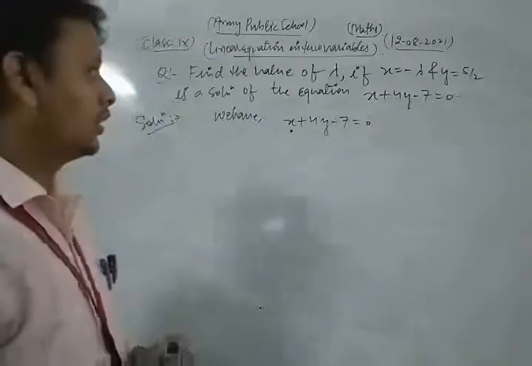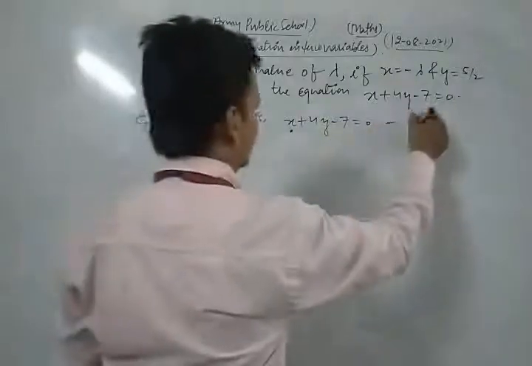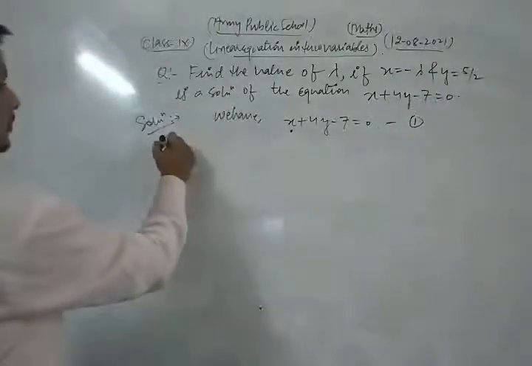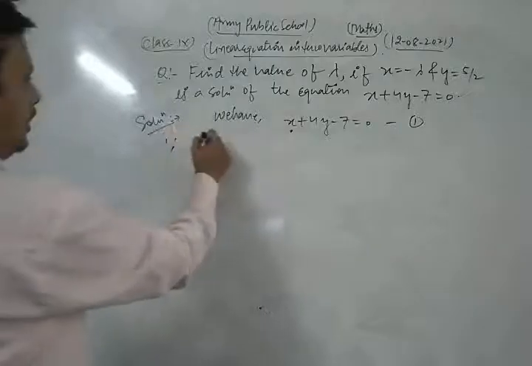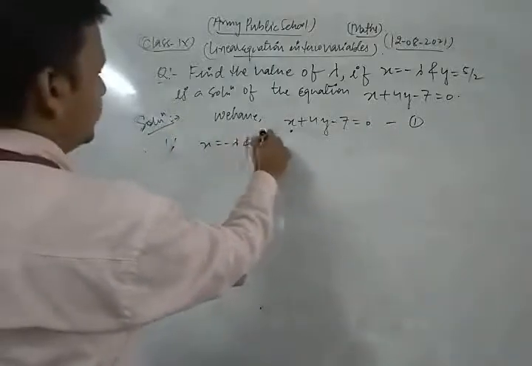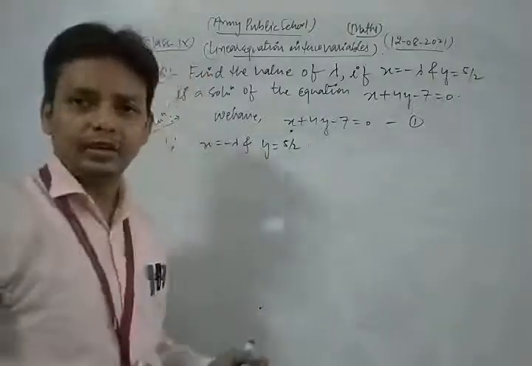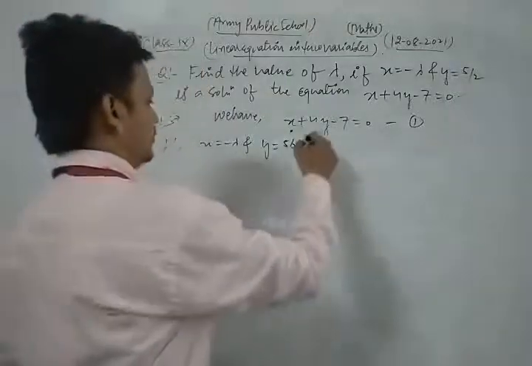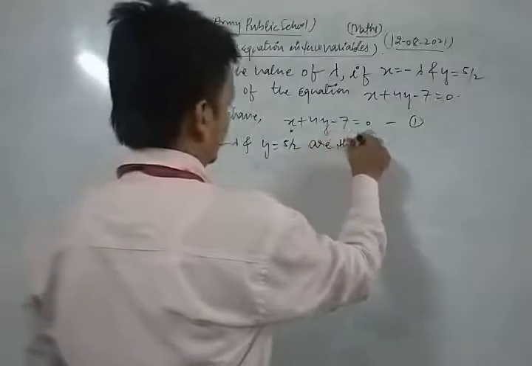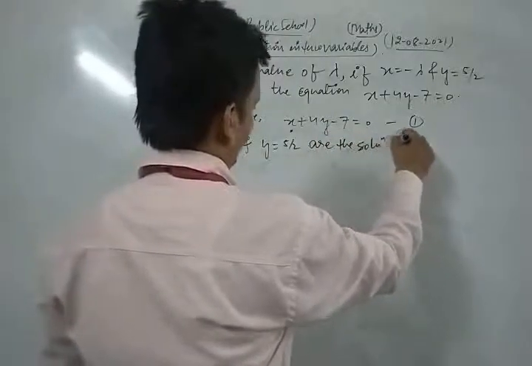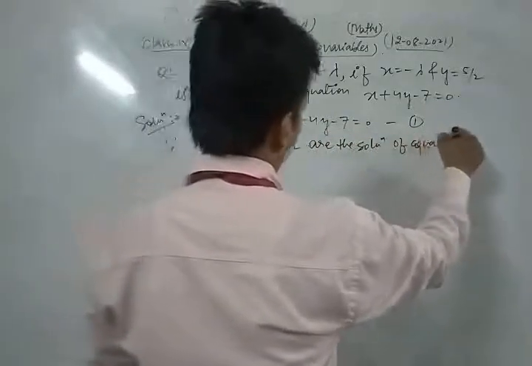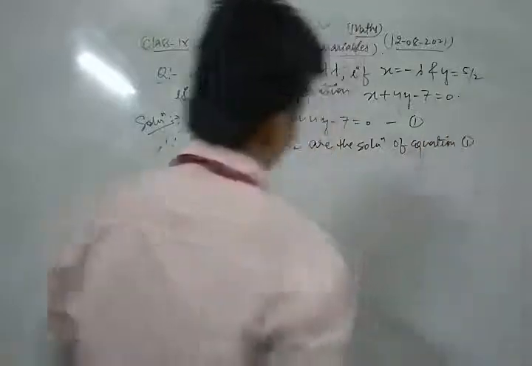Okay, dear students, now we take this as equation 1. Since x is equal to minus lambda and y is equal to 5 by 2, these values are the solution of equation 1, okay.